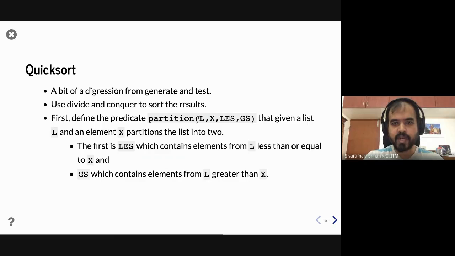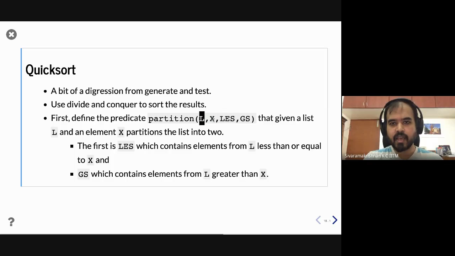And the partition predicate says that given a list L and an element X, which is the pivot, it gives you LES, which is the list of all elements which are less than or equal to X from L, and GS, which is the list of all elements which are greater than X from L.